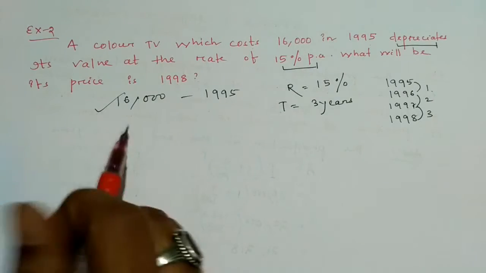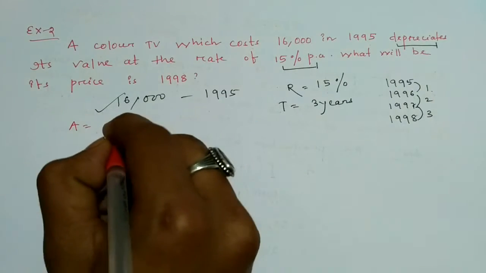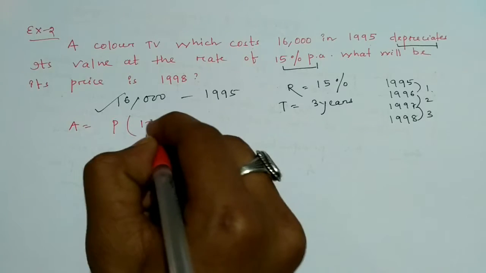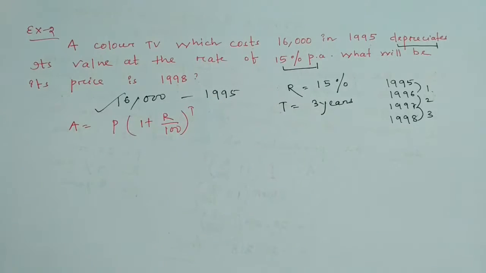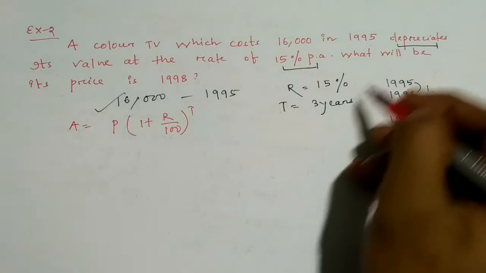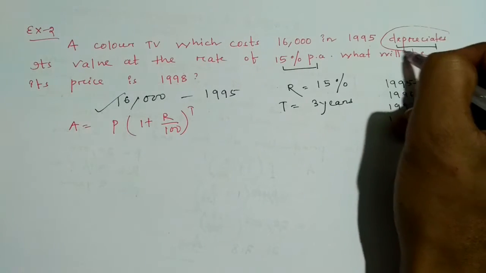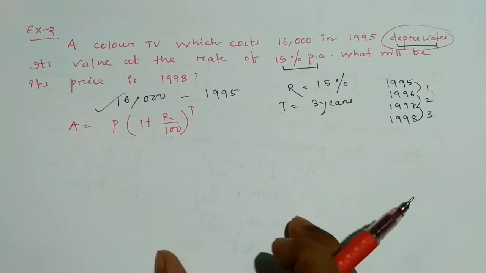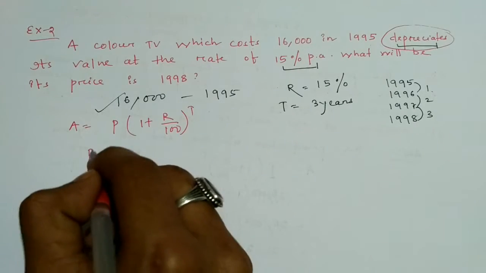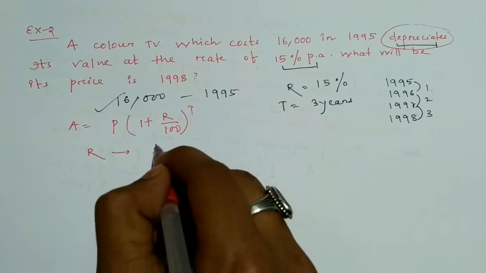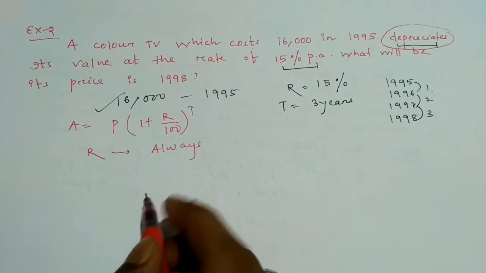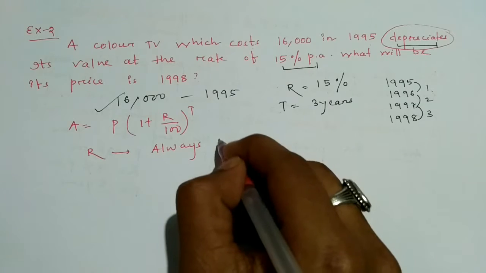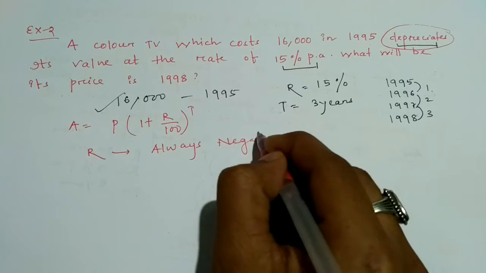Simply we put the formula A is equal to P whole 1 plus R by 100 whole to the power T. But remember friends, when it is said it depreciates, the rate is decreasing, so the rate is always taken as negative.